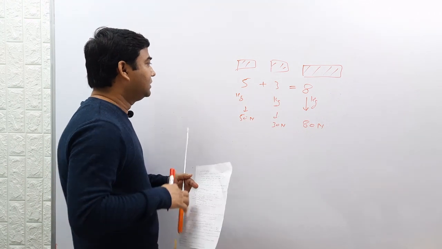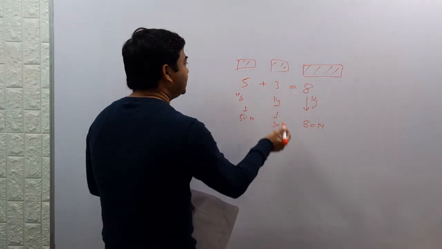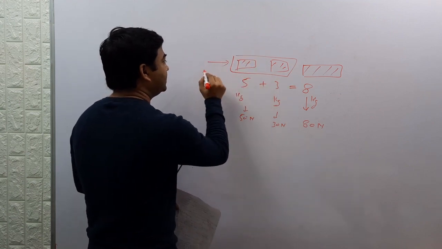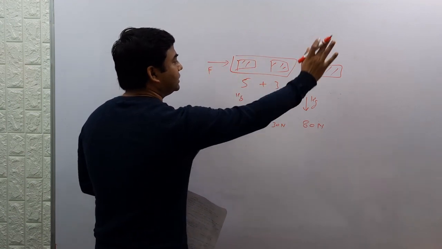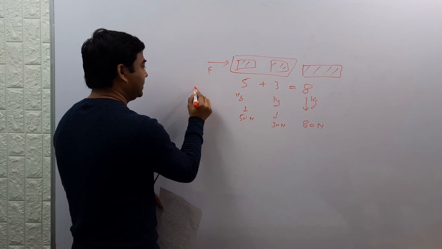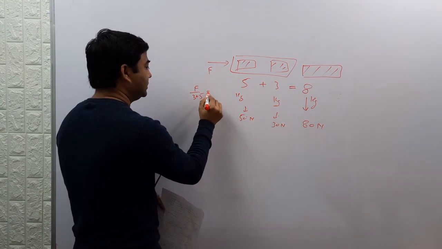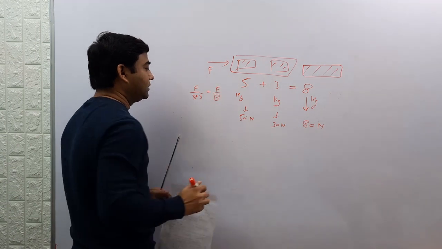In another way, we can say, if a force F is applied on this full system, then the whole system will move with acceleration F divided by 3 plus 5, that is F by 8.